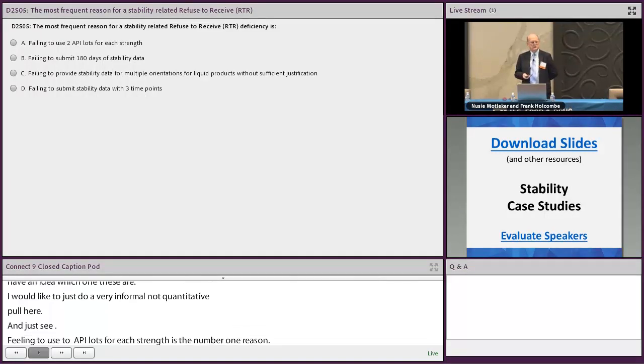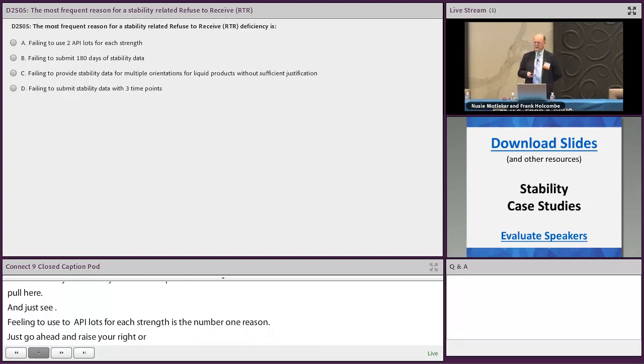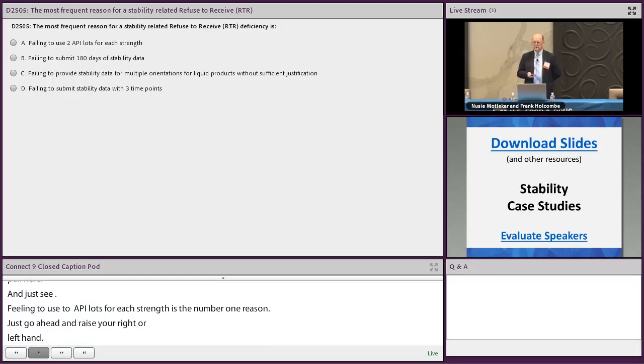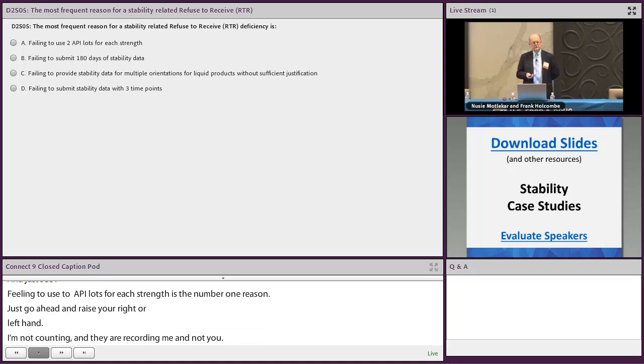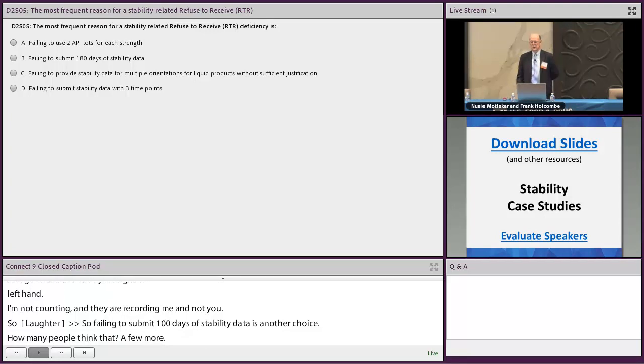I'm not counting, and they're recording me and not you. So that was it. Failing to submit 180 days of stability data is another choice. How many people think that? A few more. Okay, C is failing to provide stability data for multiple orientations for liquid products without sufficient justification. How many people think that that's probably the biggest one?